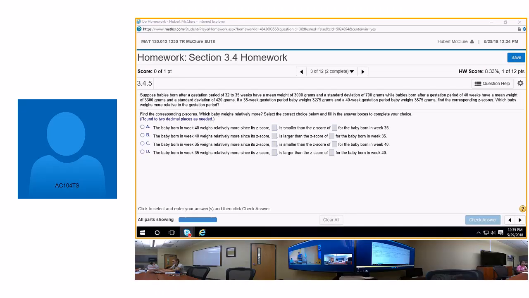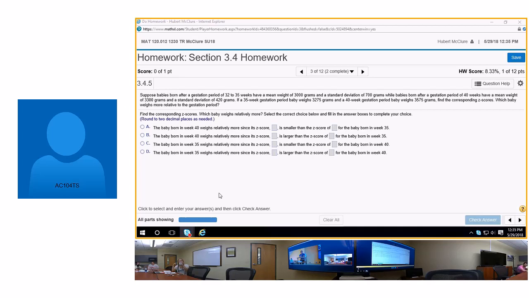There we go. Now, we went over a little bit of z-scores the other day, but this one says, suppose babies born after a gestation period of 32 to 35 weeks have a mean weight of 3,000 grams. So you take your highlighter, and the first thing you highlight is 3,000 grams, because that's the mean.